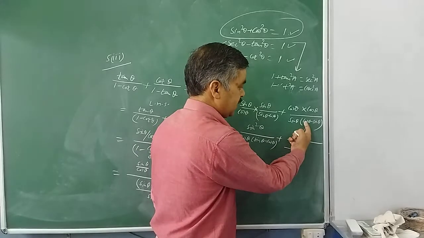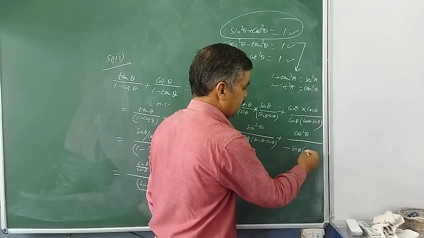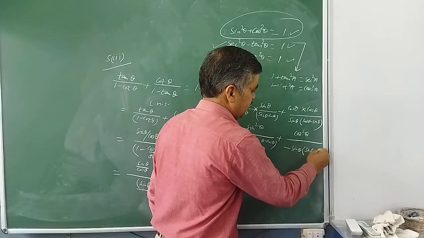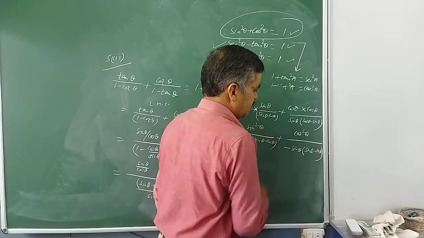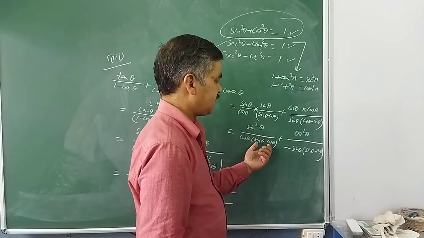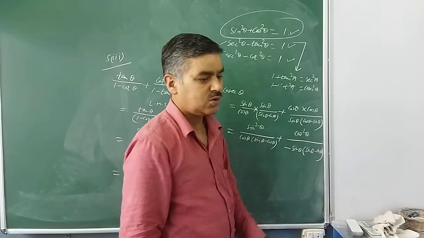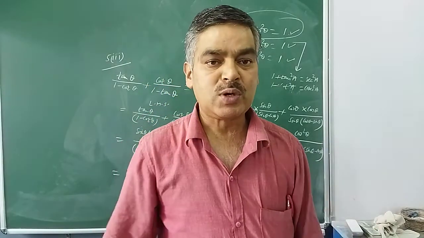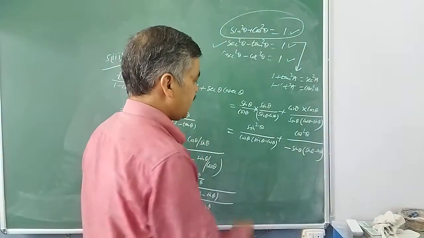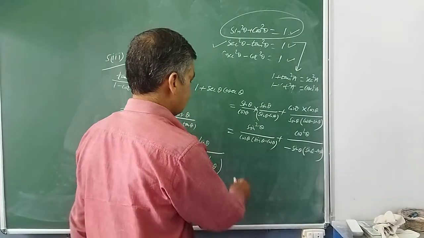So cos will become minus and sin will become plus. So sin theta minus cos theta. Just to make this in terms of sin minus cos, so that it will be more convenient to take the LCM and from the further calculations point of view.